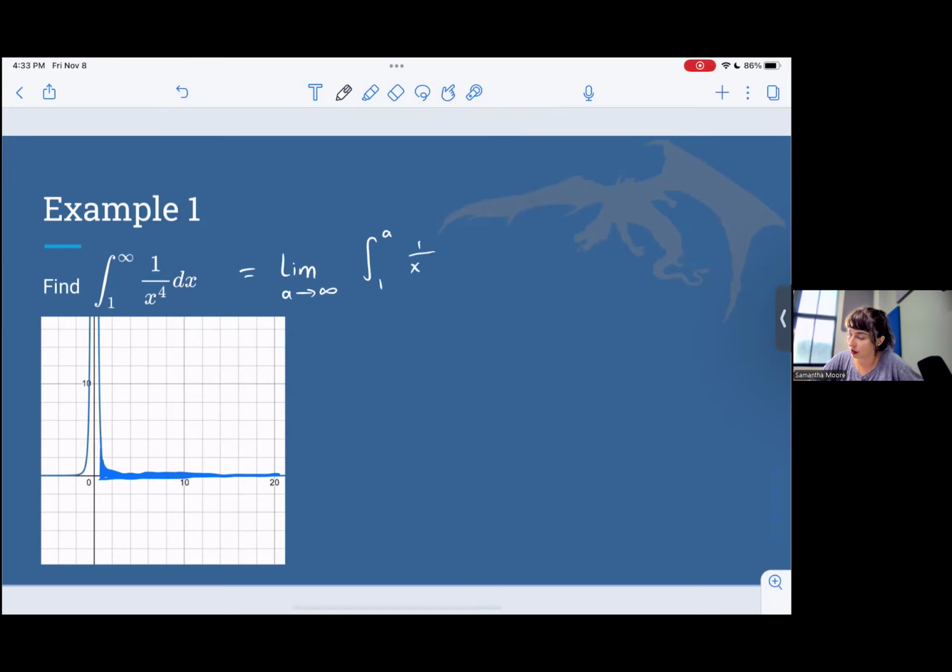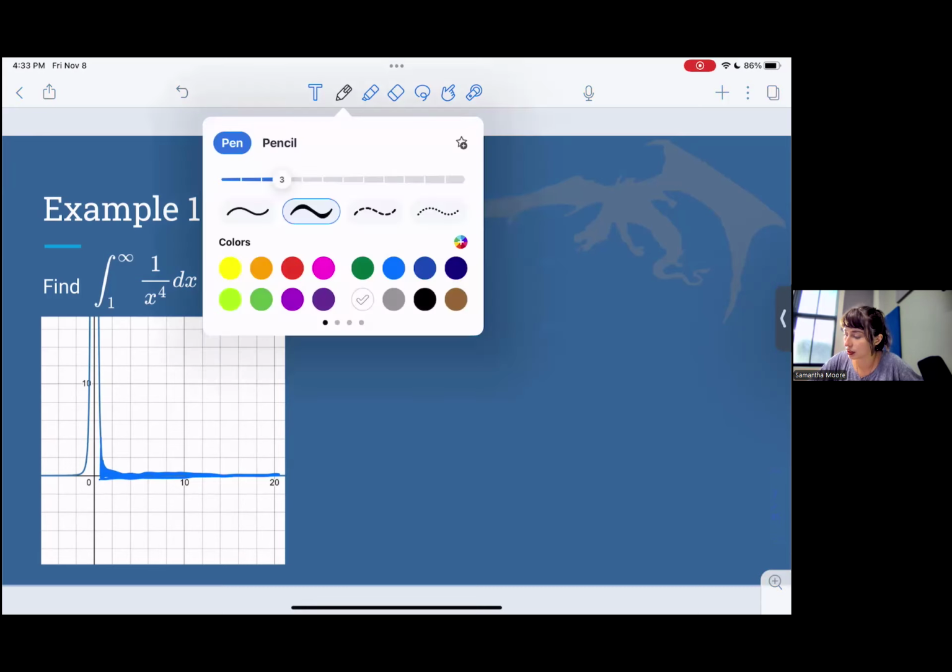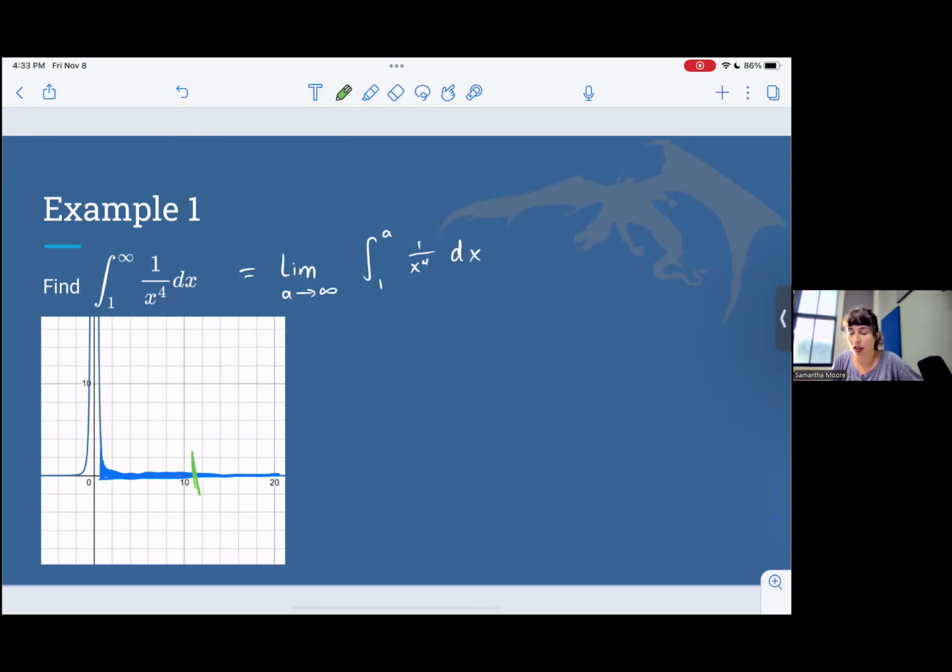So I'll take finite amounts of the area, and then I'll think about what happens as I let a get bigger and bigger. That's essentially saying I could cut off my picture there and just look at this area, and that would approximate my full integral. I'd get a better approximation if I cut off here, and better still if I cut off further and further. That's the idea.